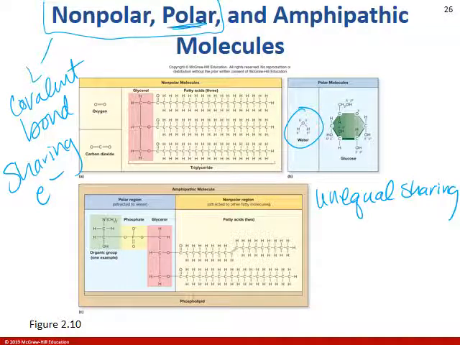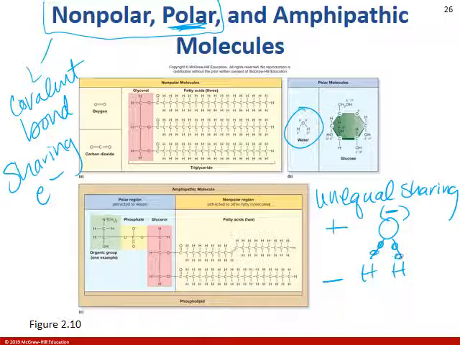So this term polar, I just want you to think opposite, unequal sharing. So in this case, oxygen is overall negative on one side because it's got these 2 hydrogens bound. Remember, we're sharing electrons here, but this side is overall positive and this side is overall negative. So this would be a polar covalent bond.